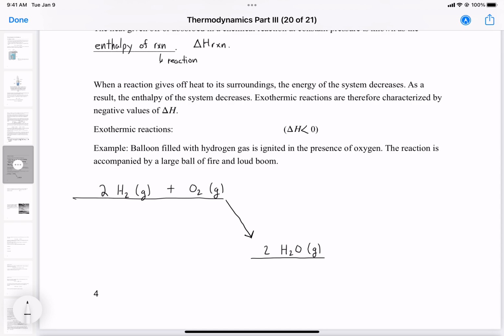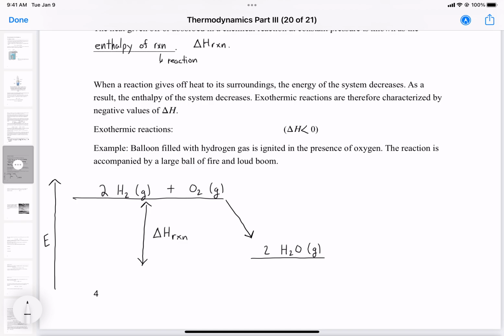So we see here that the energies of the reactant and the product are very different. They're at a higher energy for the reactants versus a lower energy for the products. So if we were to write this axis here as energy, let's put this as energy, right?